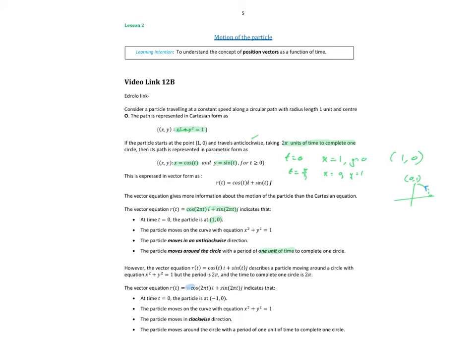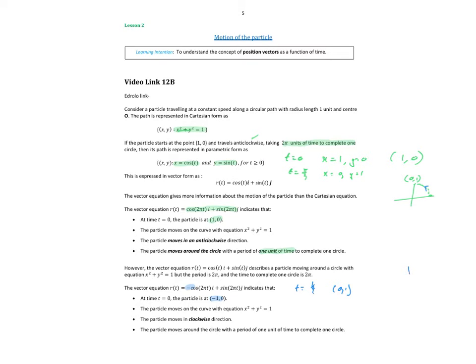Only we've got a negative sign there, which means our particle starts at (-1, 0). Again, if we pick a quarter, I get negative cos of 2 pi on 4, which is 0, and sine of 2 pi on 4, which is 1, so it goes to the point (0, 1).